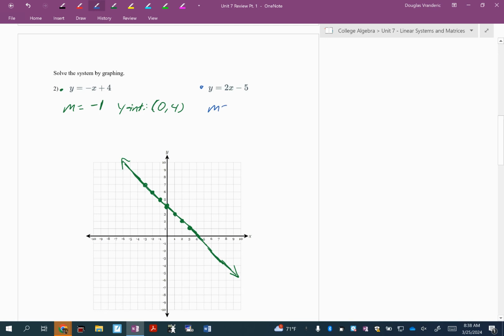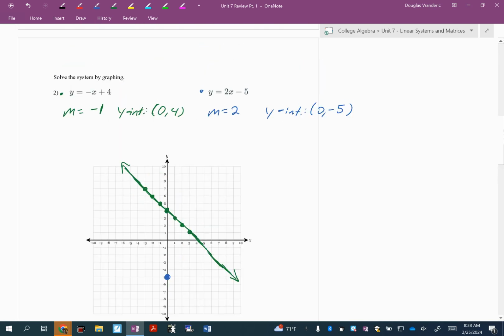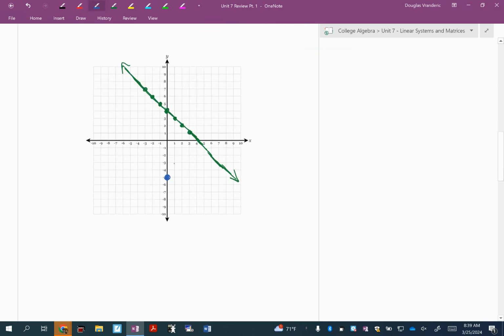is going to have a slope of +2 and a y-intercept of 0, -5. So go to 0, -5. And again, like I said before with the previous line, there's no denominator. It is a positive slope, so I'm going to move up 2 units, but then move to the right 1. So up 2, right 1. Doing that will allow me to hit my ordered pair right there.